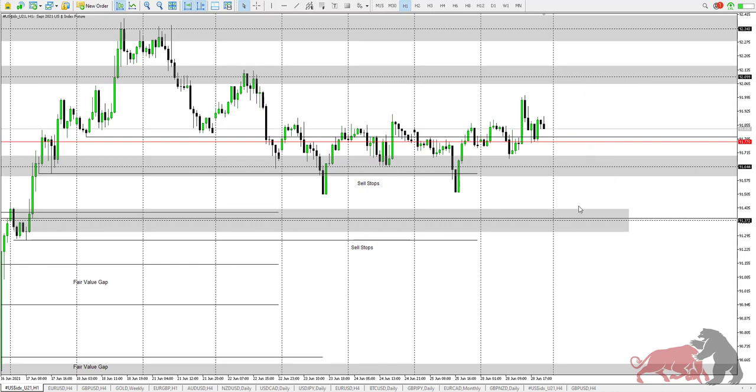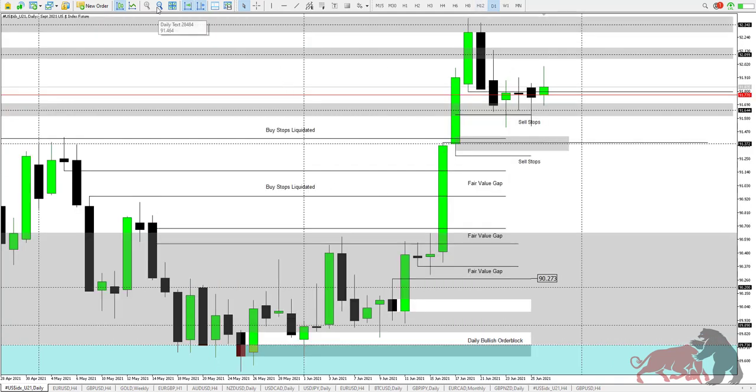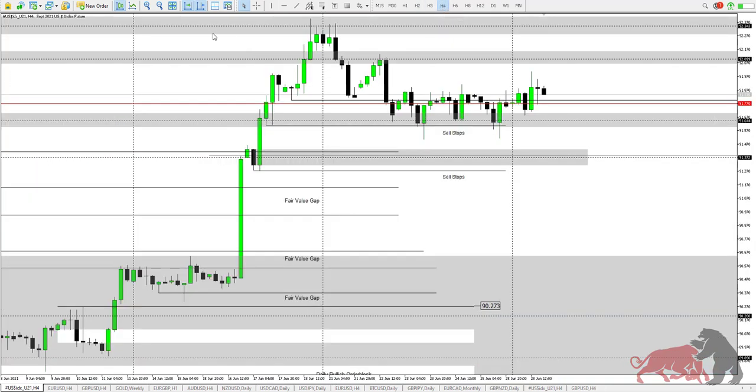The moment you see price trading below the weekly open, you need to wait for those long entries, because I'm expecting the current weekly candle on dollar to close bullish, probably taking out the buy stops above these relatively equal highs. So I'm expecting dollar to be bullish this week. 91.64 is your ideal entry to the upside on dollar index.